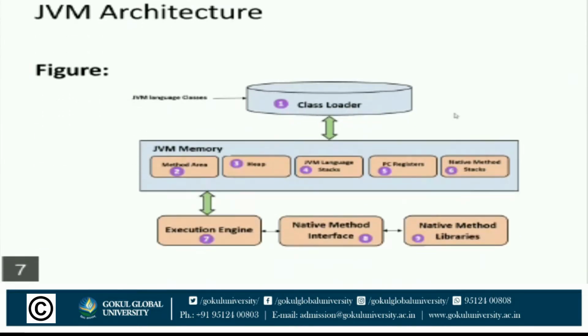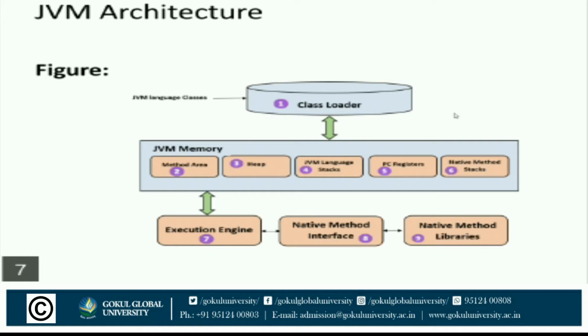Now we can understand the architecture of JVM. Here the figure shows the diagram of the architecture of JVM. First content is the class loader. You can see in the class loader, JVM language classes are mentioned. There are 5 different contents connected with the class loader, all of which are executed in the Java Virtual Machine in memory.